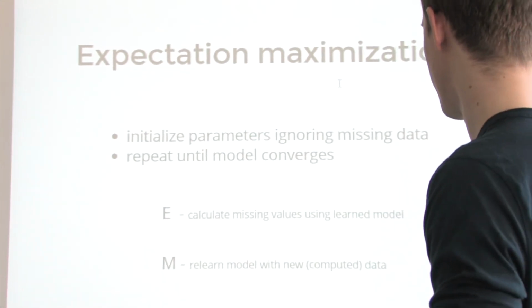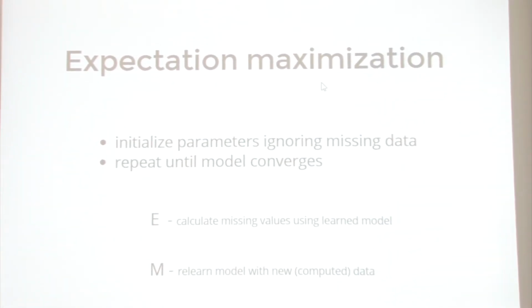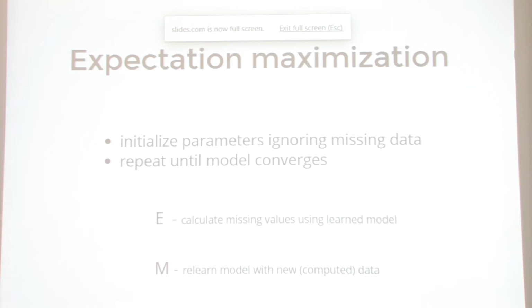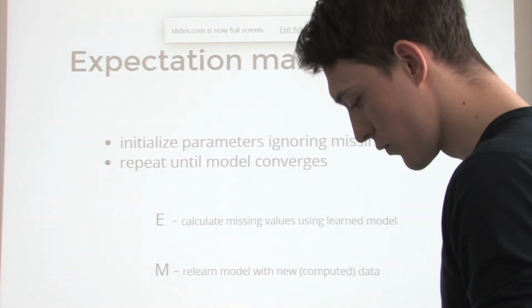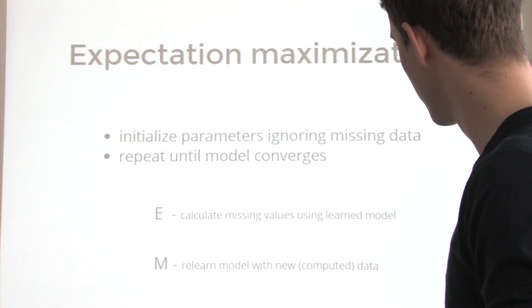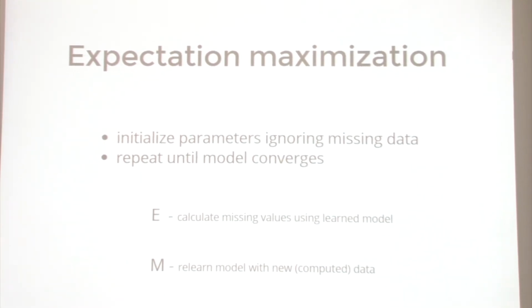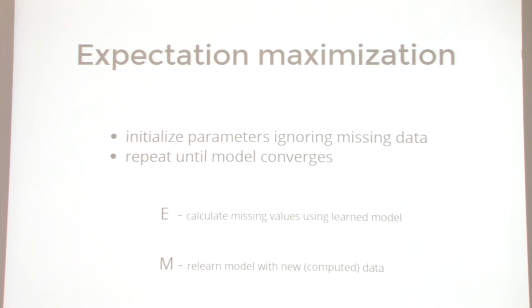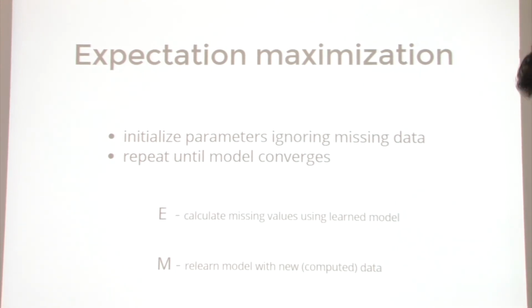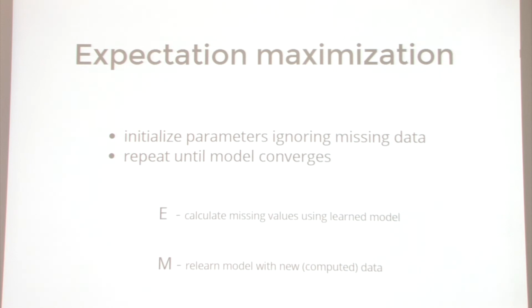We use an algorithm that's called EM, or expectation maximization. Basically, what you do is that first you just ignore the missing values, and you learn your model without the missing values. Then you use this model that you learned to predict the missing values, and then relearn the model again with the new values in the place where the values were missing.